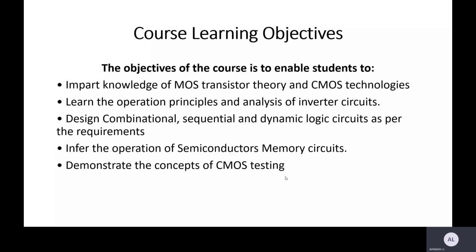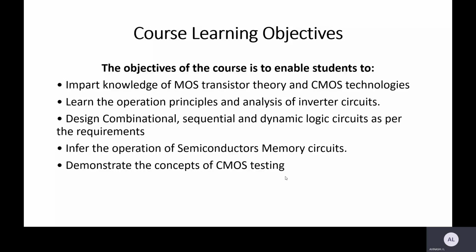That concept we are also going to discuss here. Not only designing, but designing as per the requirements is a major consideration. Why? Because some circuits need to be very fast, the delay should be very small, and the noise margin should be considered. Those are the design considerations we need to take into account, and then we design and test.